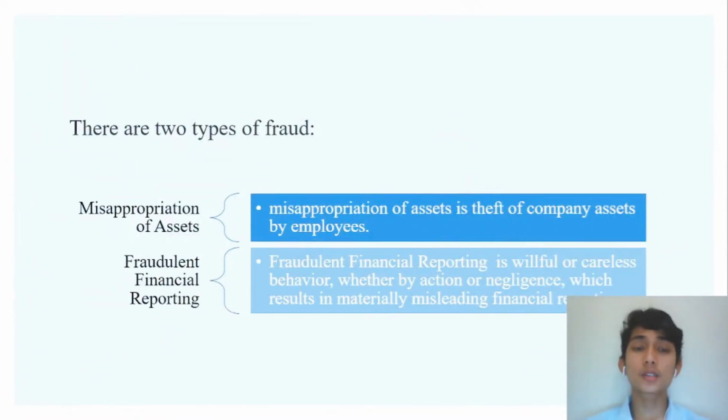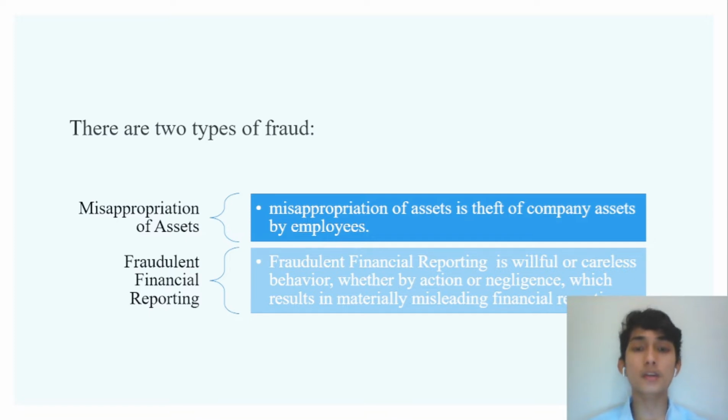And there are two types of fraud. Number one is misappropriation of assets. Misappropriation of assets is theft of company assets by employees. For example, some employees take company property without permission. And number two is fraudulent financial reporting.